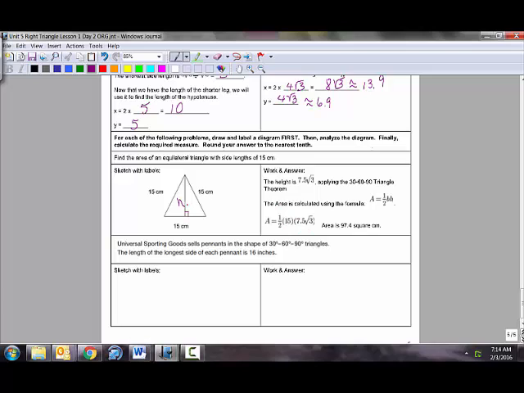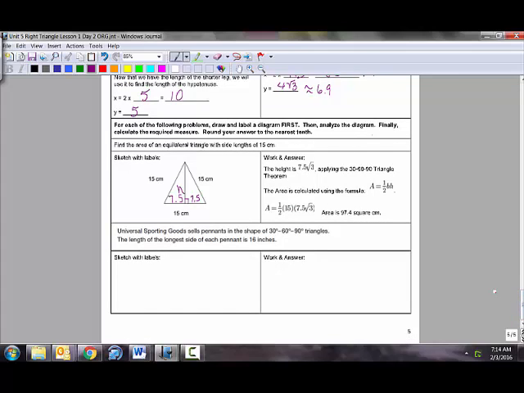So I need this height. When I put in that altitude, that's going to bisect this side. Using the Pythagorean theorem or the 30, 60, 90 theorem, I get the length of my height is shorty times the square root of 3. I substitute in this formula and I get 97.4 square meters.